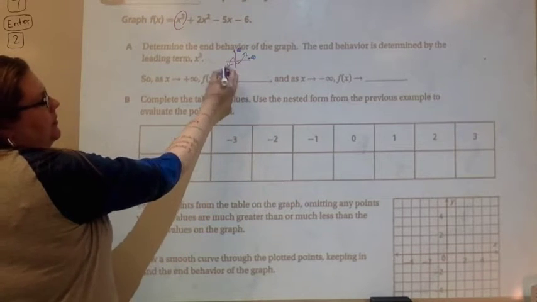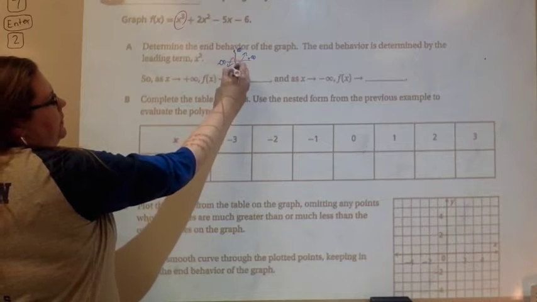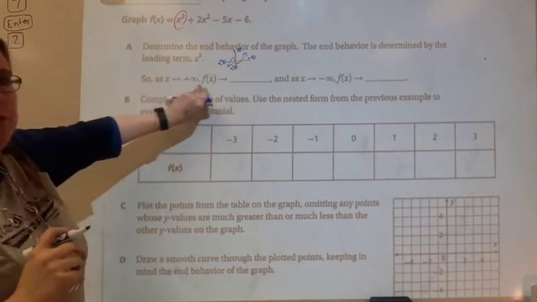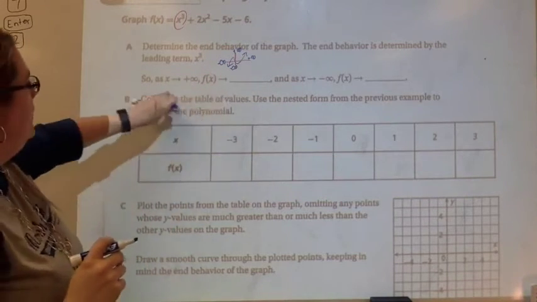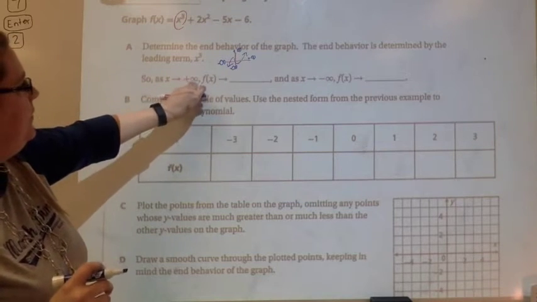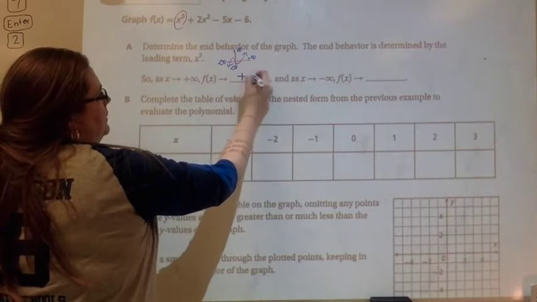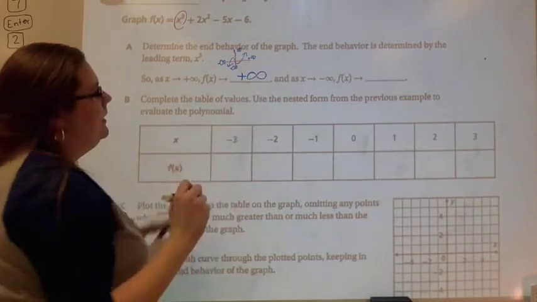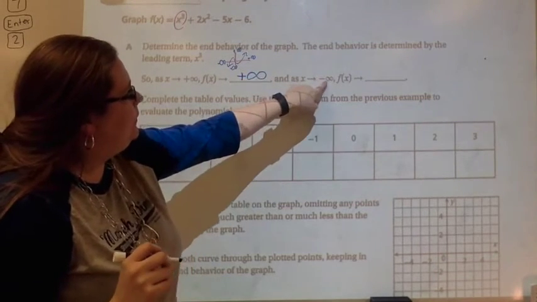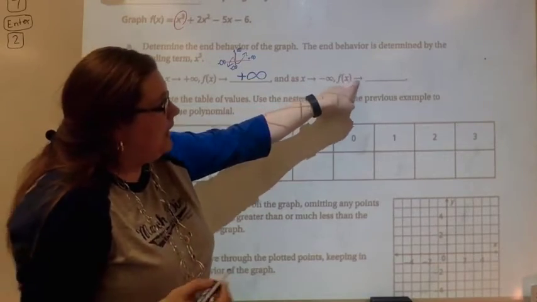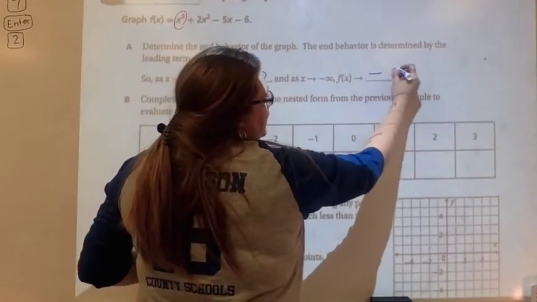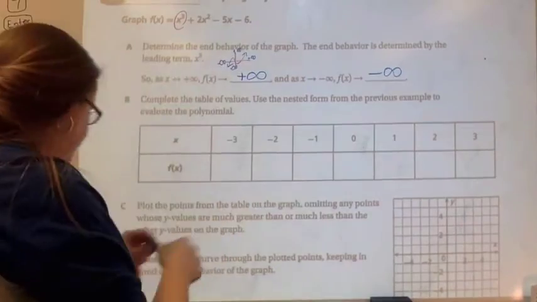And in quadrant 3, as x goes to negative infinity, so does y. So that's what they're asking you for in these two blanks. As x goes to positive infinity, f of x, which is y, goes to positive infinity. And as x goes to negative infinity, f of x, which is y, also goes to negative infinity.